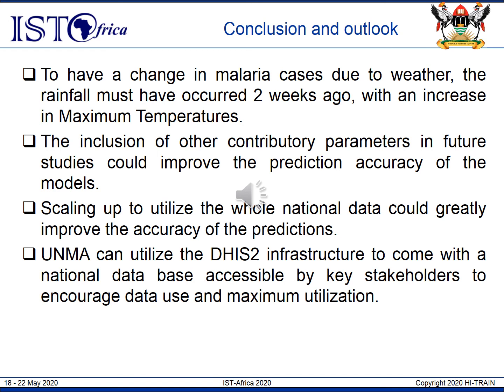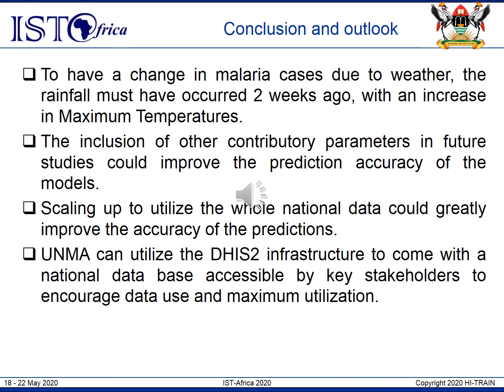We also think that scaling up this research to utilize the whole national data could greatly improve the accuracy of the predictions. As some of us may be aware, artificial neural networks are data hungry, and with what we gave it, it was too little for it to give us real significant and reliable results.